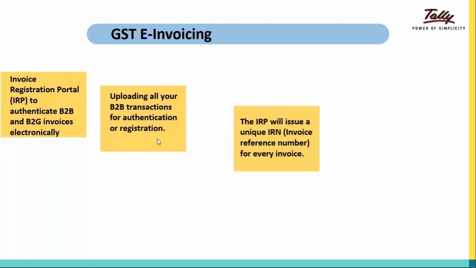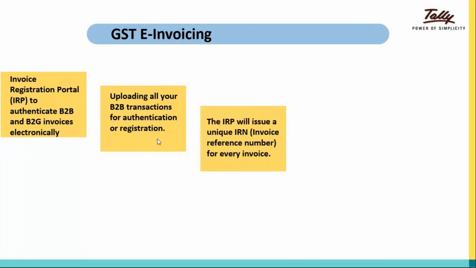Okay. So the IRP, that is your invoice registration portal, will issue a unique invoice reference number for every invoice that you upload. So for every invoice that you upload in your invoice registration portal, you will be getting an IRN, which is your invoice reference number. This invoice reference number will need to be converted to a QR code.